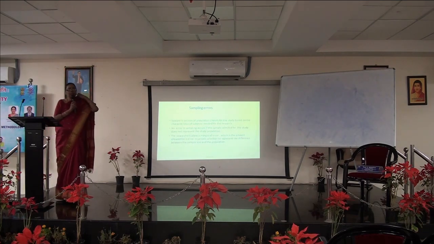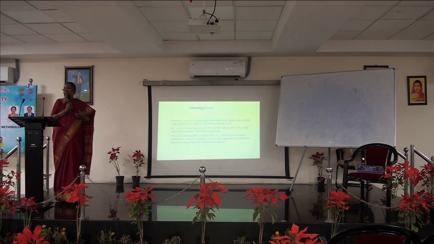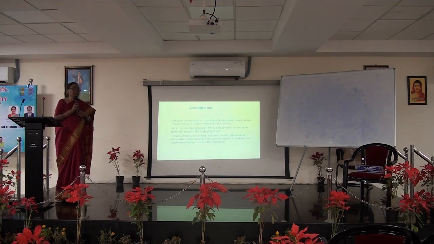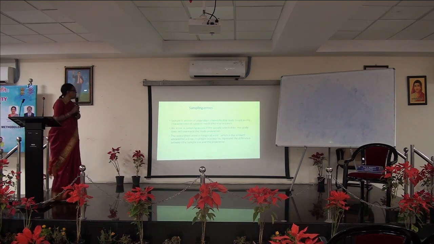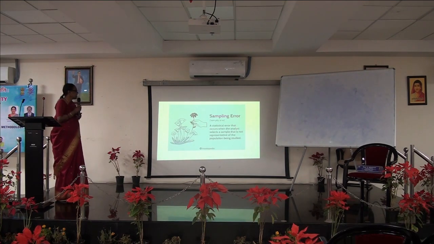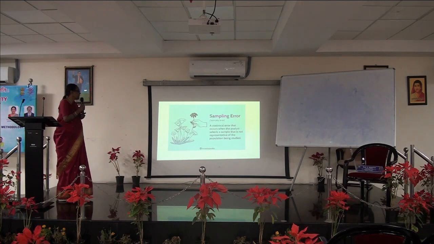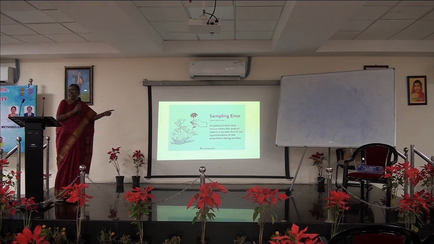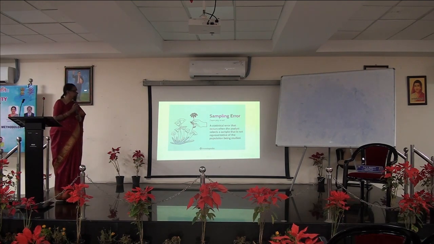Sample size is usually 5% or 10% of the total population. Next one. Sampling error is a statistical error that occurs when the analyst selects a sample that is not representative of the population being studied. For example, you see among the flowers, a sample which is not representative is selected. Next one.